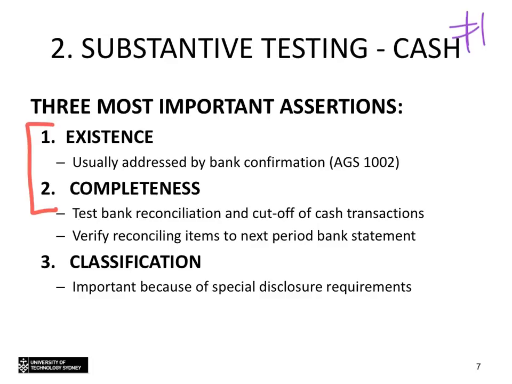And you'll see here that we test that using something called a bank confirmation. Remember, we've got our list of procedures there. The auditor will write directly to the bank. And in the old days, we used to fill out a form and attach a check and give it to the bank. They would fill out the confirmation and send it back to us. Now confirmations for a lot of companies are done online.